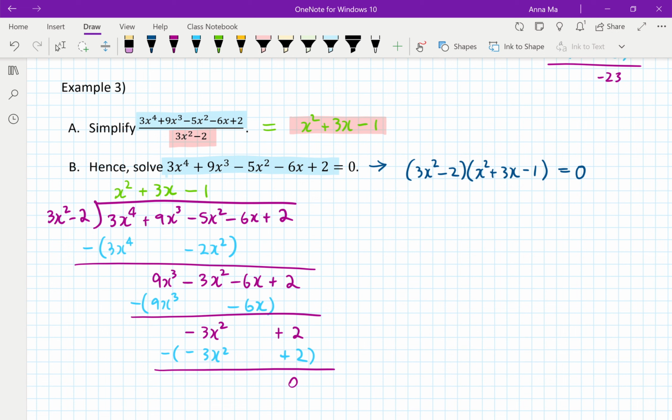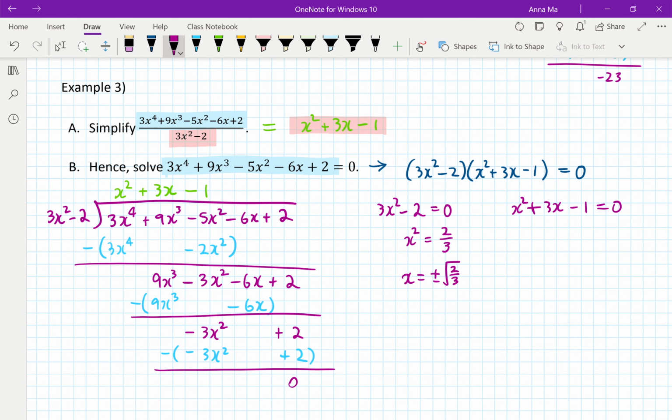So the first one I'm going to solve for is this is equal to 0. Very easy. Move the 2 and divide by 3. I know x squared has to be plus minus root 2/3. And then this bit, I'm solving it on the right hand side. X squared plus 3x minus 1 is equal to 0.